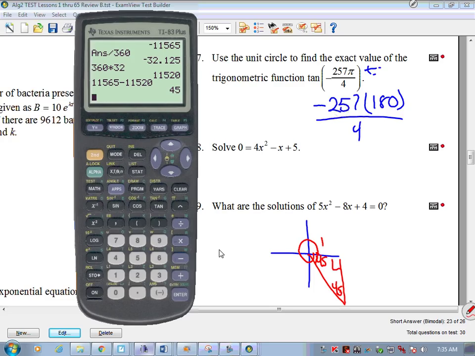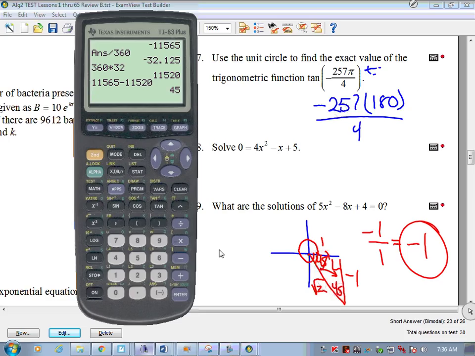Okay, so where this is 1, this is -1, this is radical 2. So use the unit circle to find the exact value of the trigonometric function tan. Well, tan is opposite over adjacent. So -1 over 1, which is just equal to -1. And that's our answer, -1.